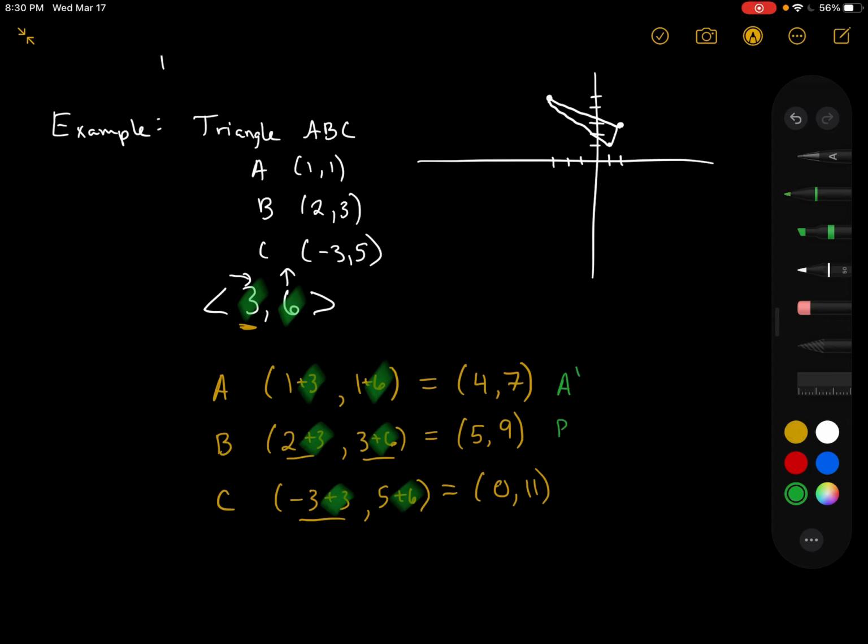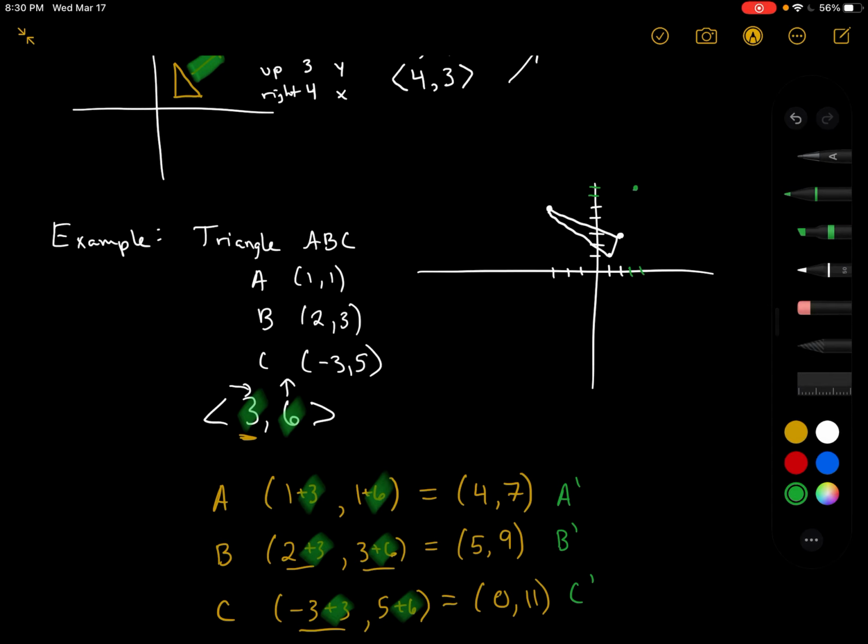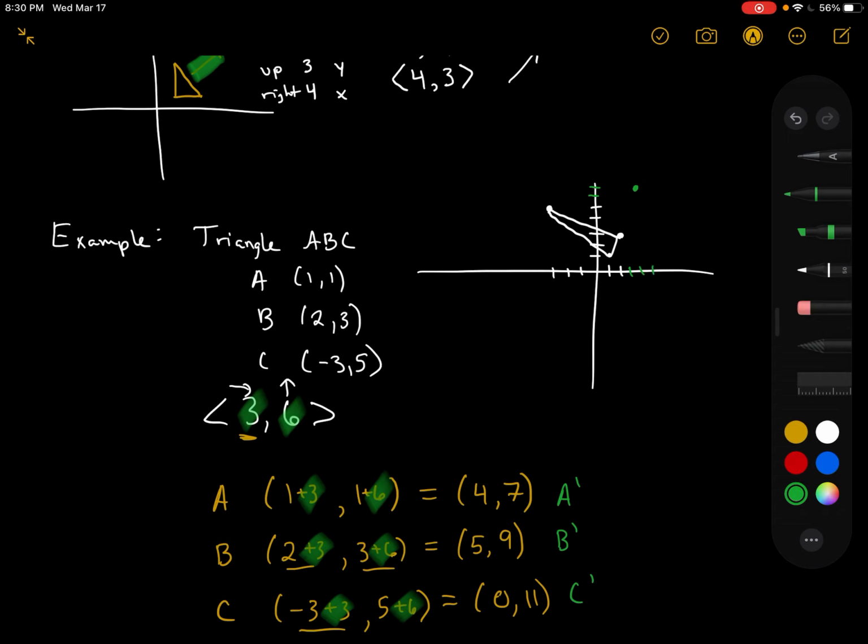We can now take these new points, our new A, or A prime, our new B, or B prime, and our new C, or C prime, to that same graph, and see how it looks. New A is at (4, 7). Our new B is at (5, 9).